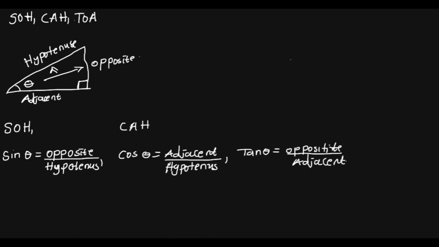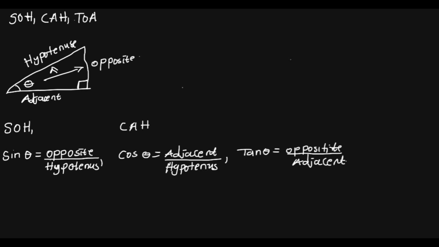Now, the other thing that you need to have in mind is that to understand this topic fully, you need to have the Pythagorean theorem in mind, because you may be required to find all three trig ratios, and you may be given two distances, and to find the third distance, you may use the Pythagorean theorem.